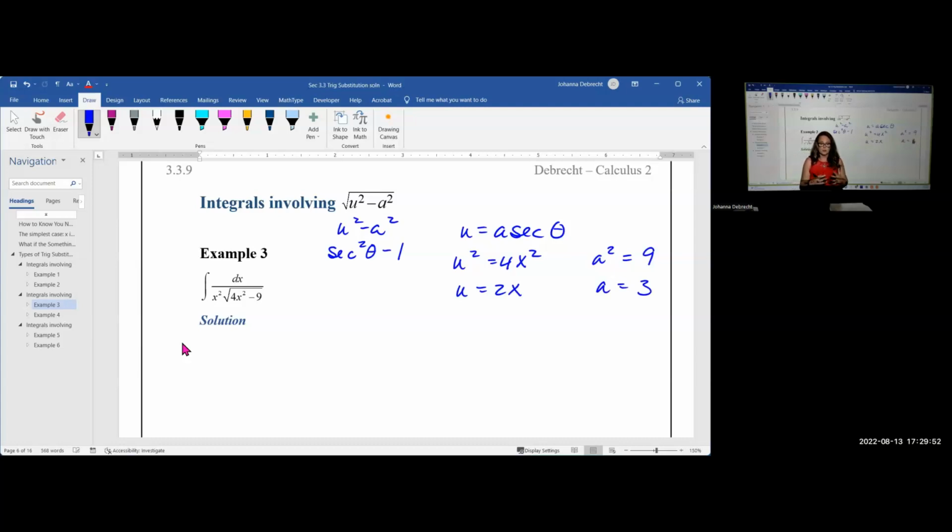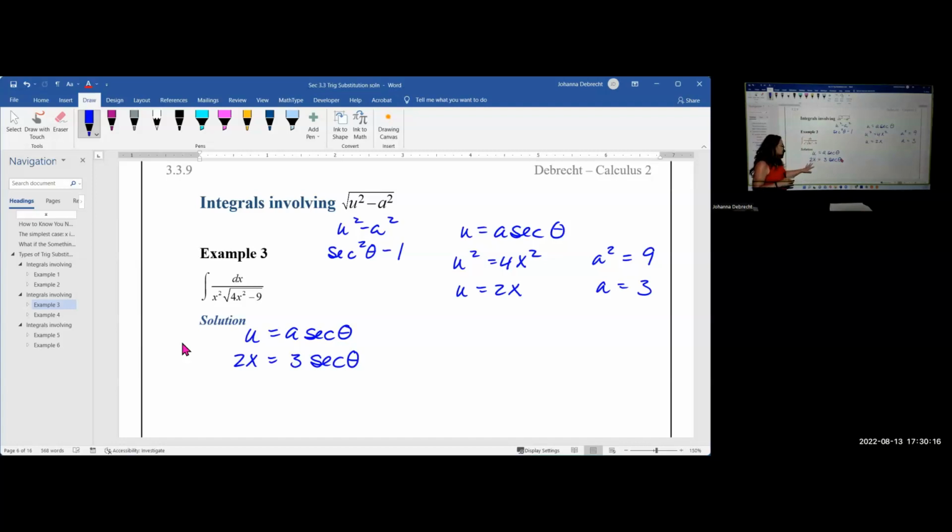So now I'm going to build my substitution factor. And I'm going to come over here and I'm going to say that u is equal to a secant of theta. It's always going to be a times one of the trig functions. All right. So when we're looking at this one, my u is 2x, my a is 3, and I get secant of theta. So I have 2x equals 3 secant of theta.